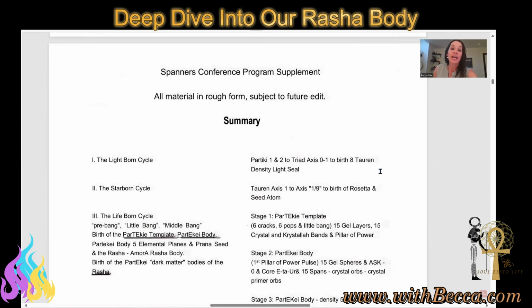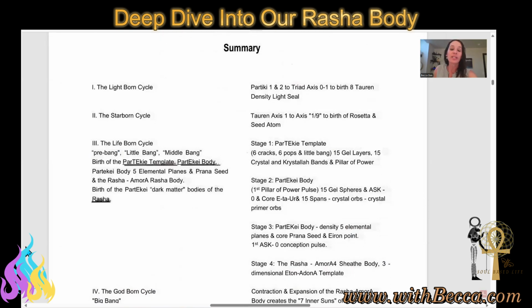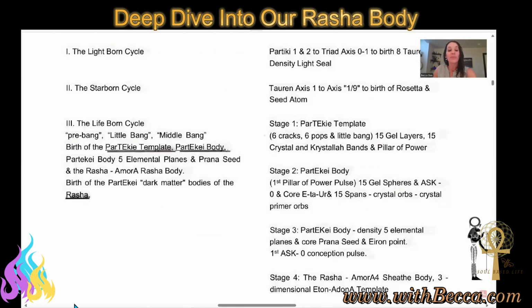Now, when we see the energy of spanners, you'll hear me refer to something called the 12 tribes. That was another conference I think that was done right before this one. The 12 tribes was really the inception of starting to teach about the Rasha body and the death cycle, how to move through Bardo, how to transition out of the body. So these are life-born cycles, and life-born cycles aren't just us going into a body and out of our body.